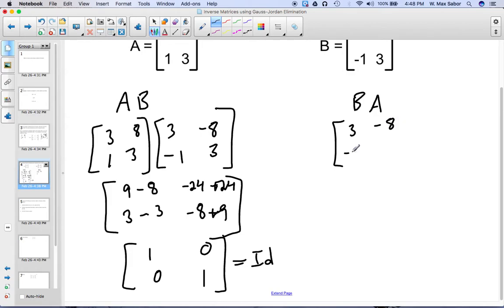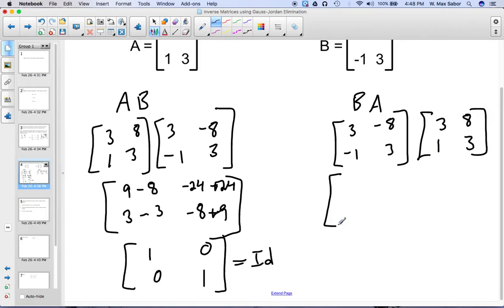Let's try it the other way. 3, negative 8, negative 1, 3, times 3, 8, 1, 3. Now we're going to multiply them out. 3 times 3 is 9. Negative 8 times 1 is negative 8. 3 times 8 is 24. Negative 8 times 3 is negative 24.